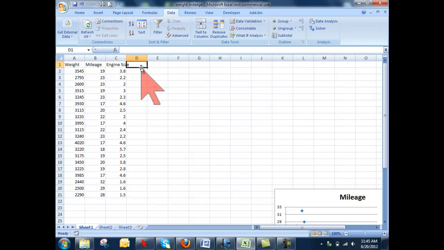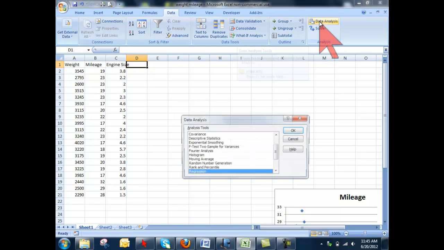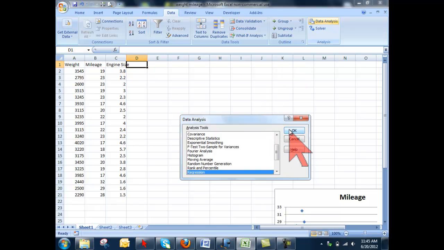Okay, and let's discuss how we might use both weight and engine size to predict mileage. I'm going to have Excel do regression again. So over to the data analysis, pick regression.